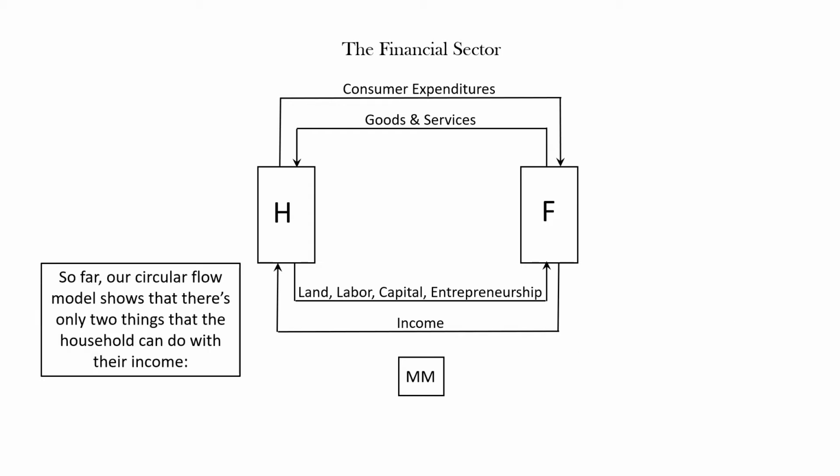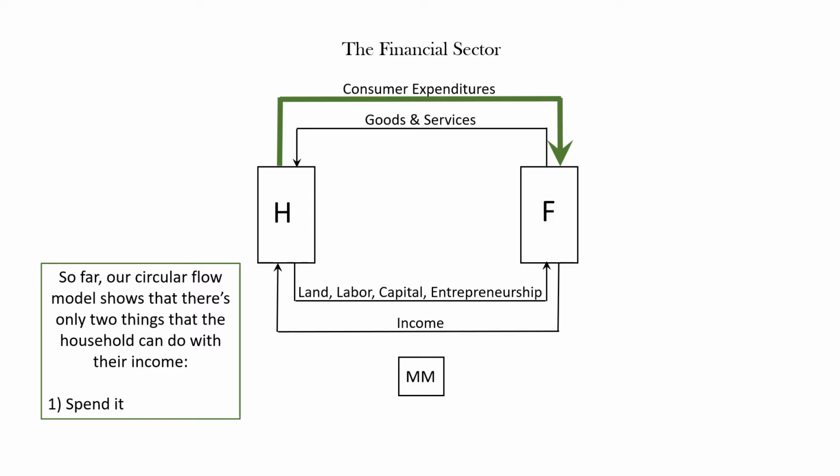So far, our circular flow model shows that there are only two things that the household can do with their income. They can spend it. As you can see, this flow highlighted in green from the household to the firm obviously represents consumer expenditures, and they can pay taxes with it.